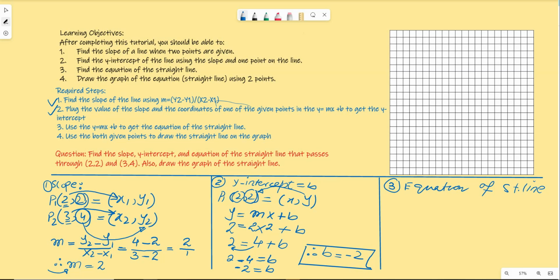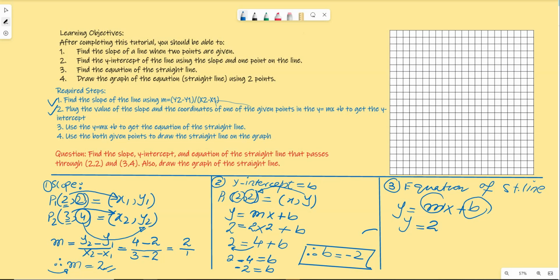To get the equation of the straight line, we know the slope-intercept form y equal to mx plus b. So y is equal to, we will substitute the value of m and b here. We know our slope m is 2, so we are substituting the value of m, which is 2.